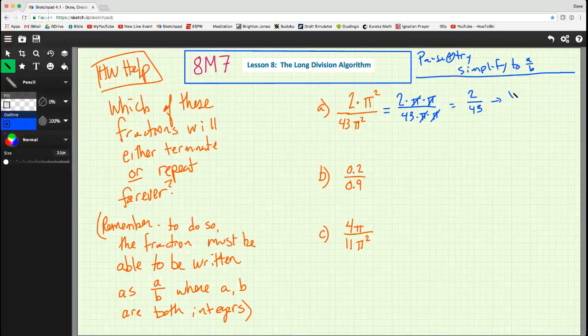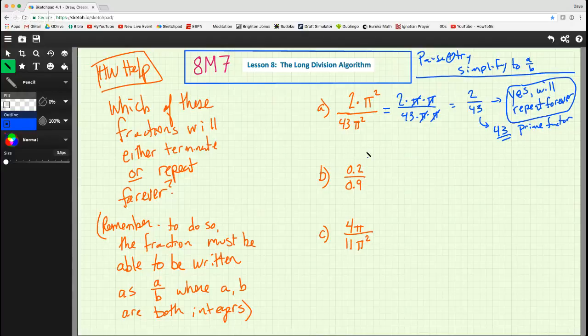So this is yes. This one will repeat forever. Yes, because the prime factorization of 43 is 43. So it's not just 2's and 5's, so we know it'll repeat forever.